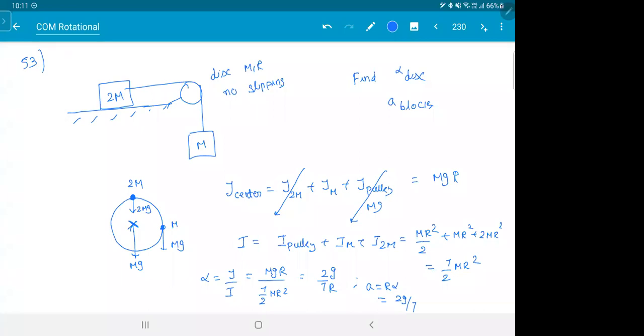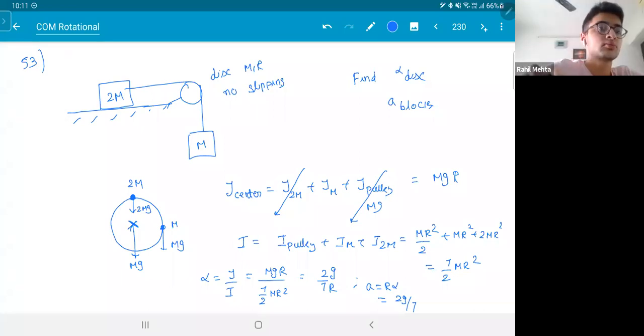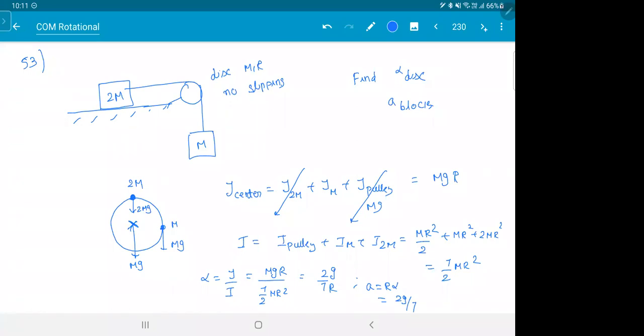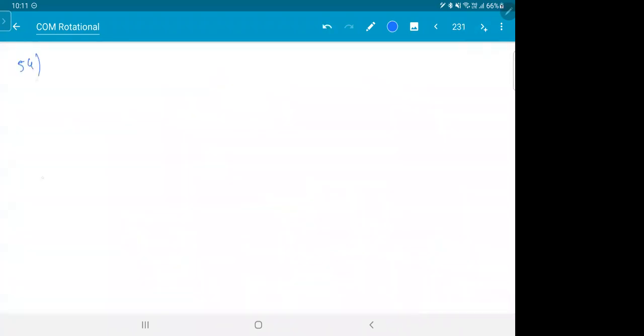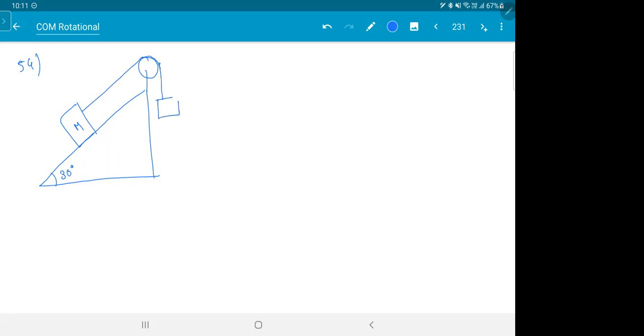Turn the page. I'll give you a minute more. Let's see one more variation of this. This is a disk, MR, no slipping.